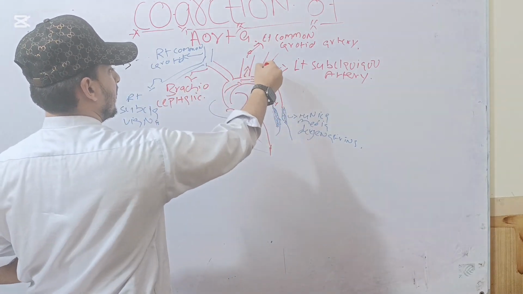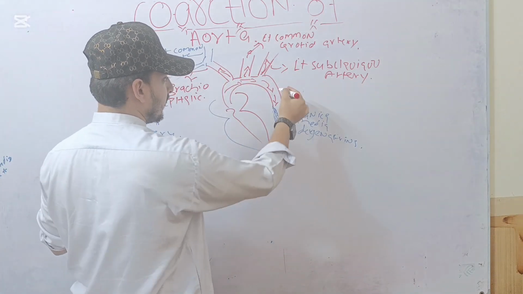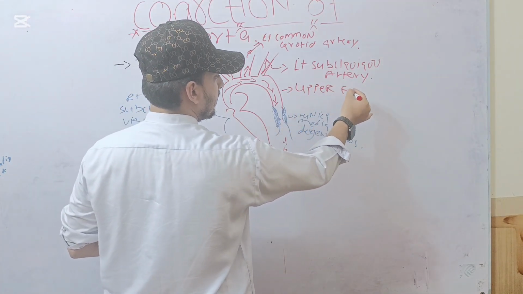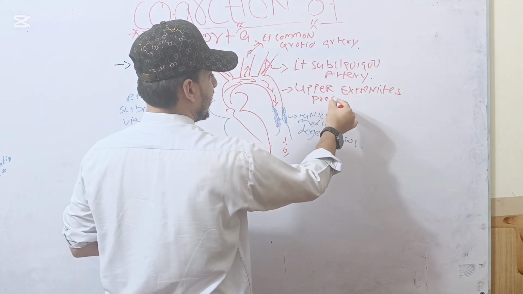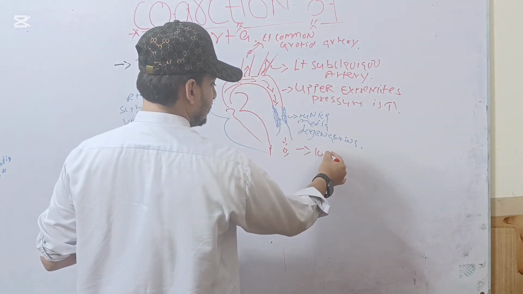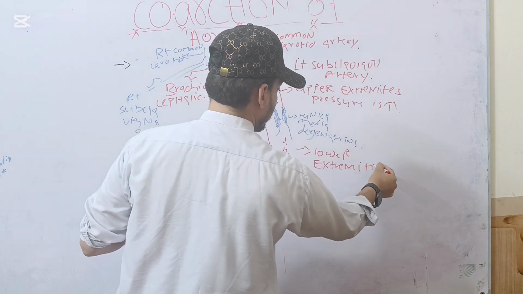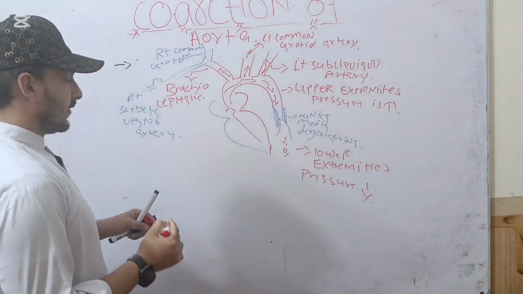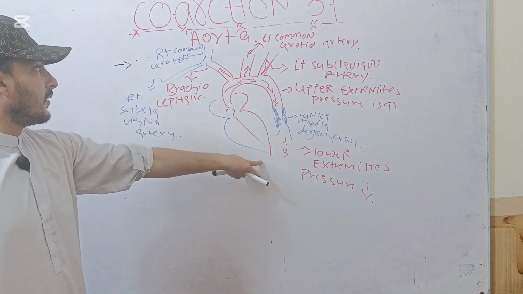In the upper extremities the pressure is increased, and in the lower extremities the pressure is decreased.